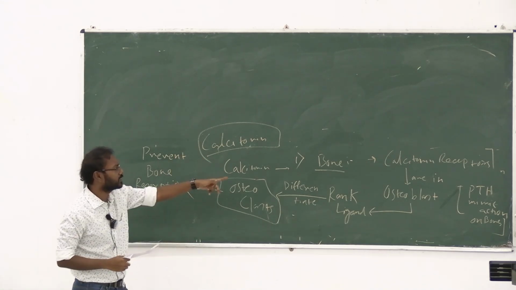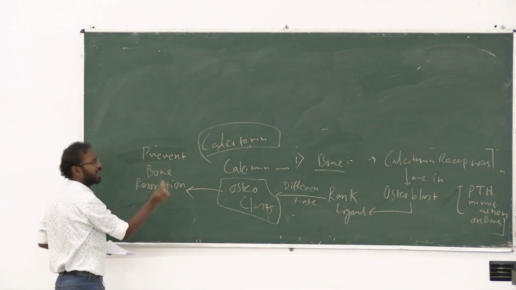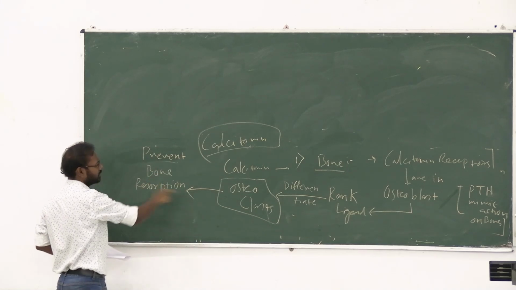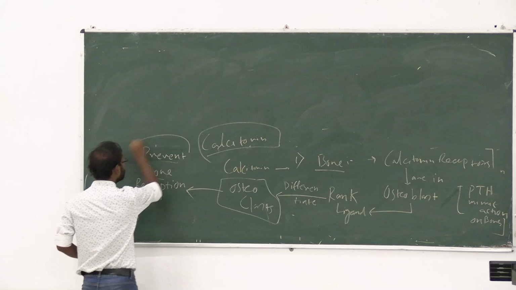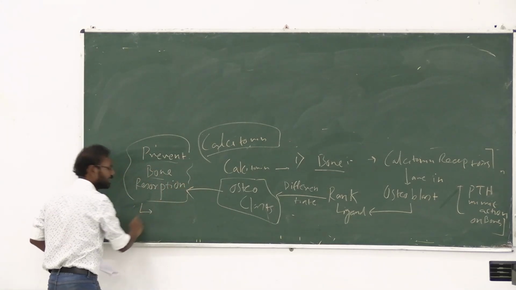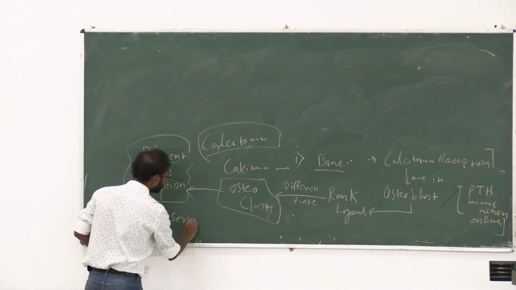The calcitonin receptor is also present, but in the final stage it acts opposite. It actually prevents this differentiation and prevents bone resorption. Now, if bone resorption is prevented, calcium is not needed anymore. So ultimately serum calcium decreases.